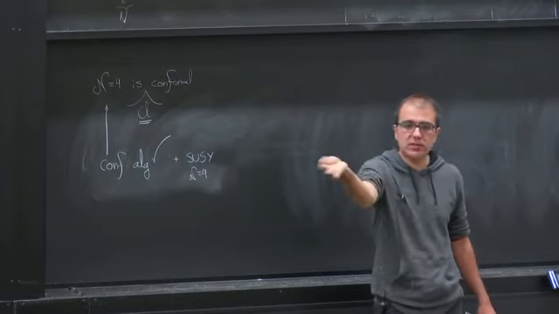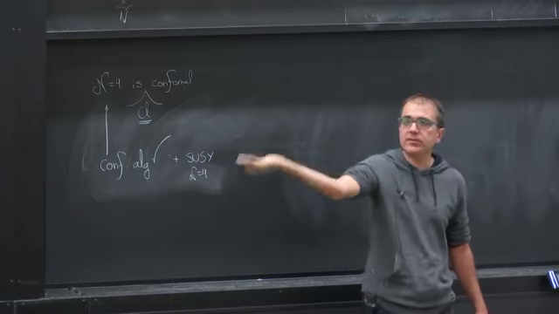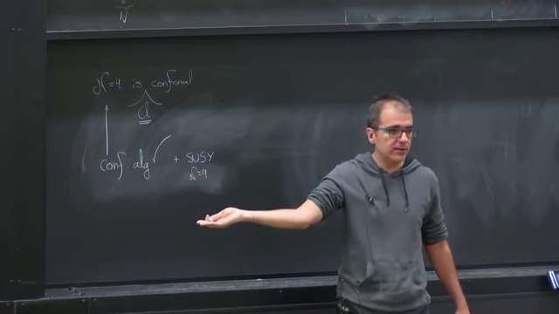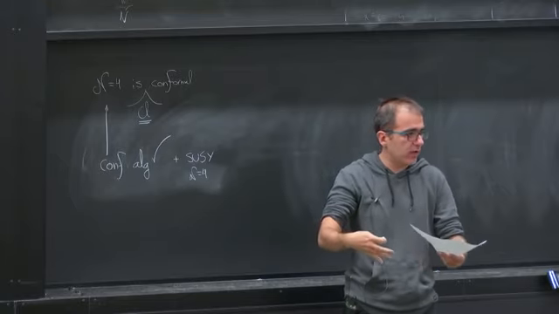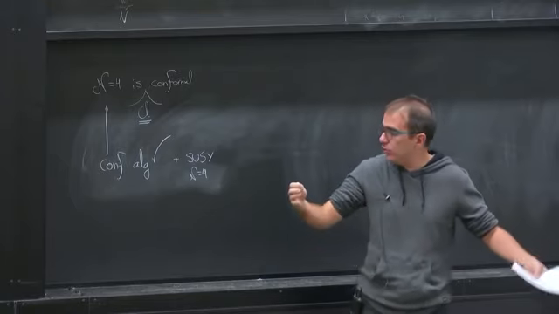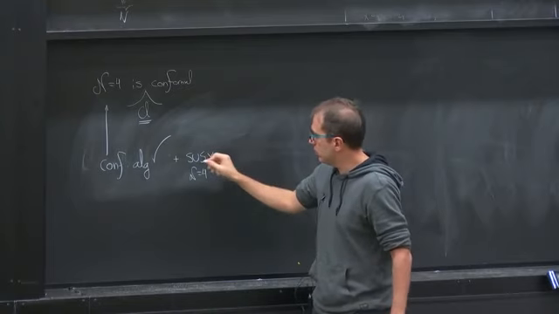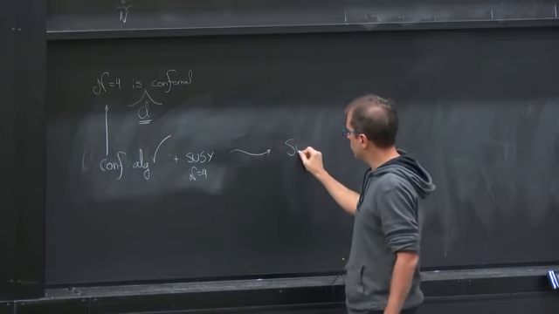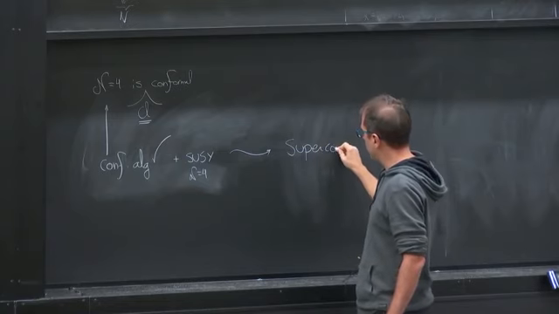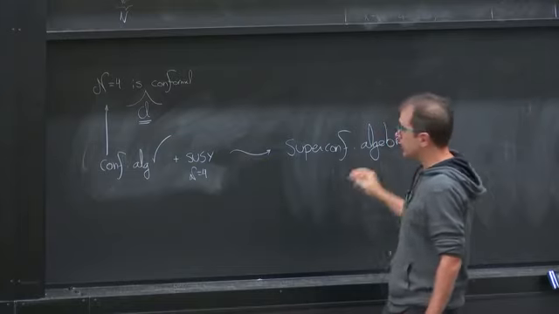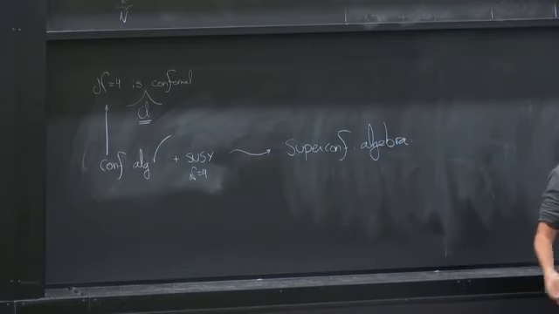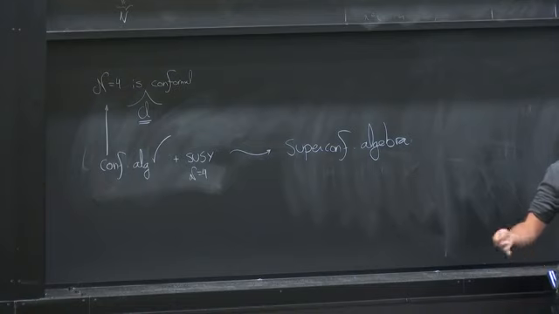I can do special conformal transformations, which is one thing. Transforming fermions into bosons is another totally different thing. But now I can mix them together, and when I mix them together, they don't close, they form a bigger group. The closure of these two leads to what's called the superconformal algebra. That's an algebra that combines supersymmetry together with conformal transformations, and everything that I get when I take these two algebras and start commuting the generators together until it closes.